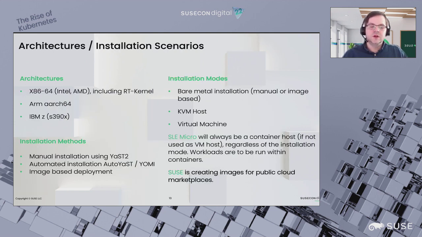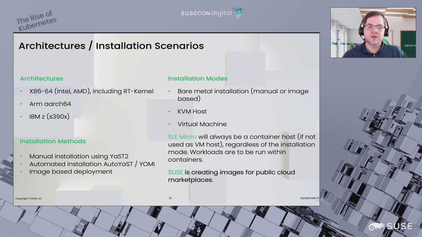SLE Micro is available on 3 architectures today. It's available on the 64-bit Intel and AMD architecture, on the 64-bit ARM architecture, and on IBM Z. It provides the classical installation methods that you know from SUSE Linux Enterprise, the manual installation using YaST2, automated installation using AutoYaST, and new with SLE Micro, we also support image-based deployments using pre-configured images that SUSE provides with each product release.